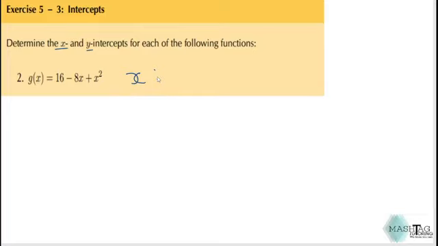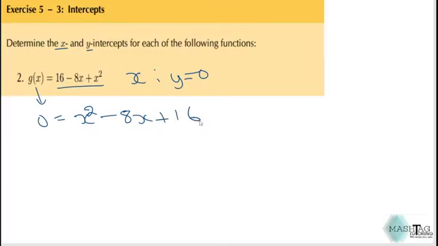So wherever it cuts, your y must be 0. So we put this as 0, and then we can easily rearrange this so that we start with the term with the highest exponent. So we'll say x squared minus 8x plus 16.